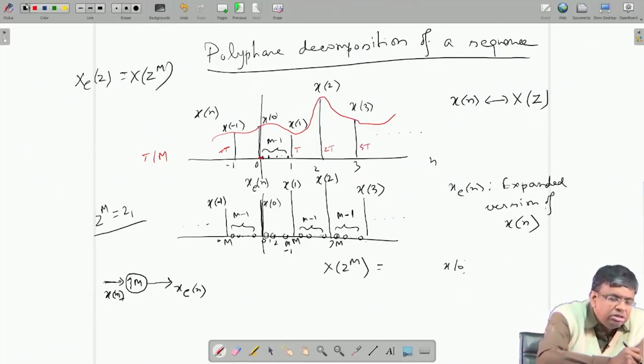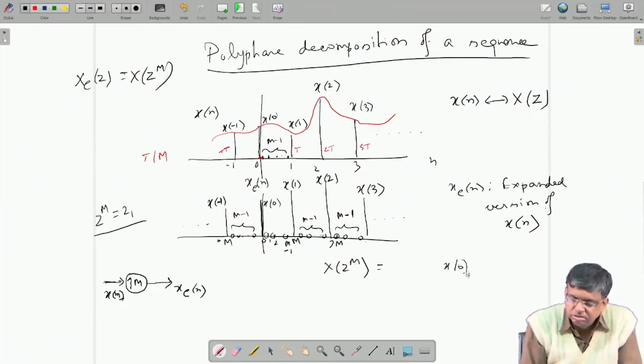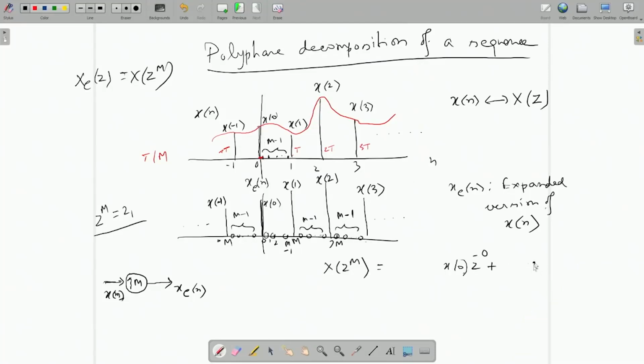So, this I do not change. Then x1 z to the power minus 1 becomes z to the power m, so, x1 instead of z it is z to the power m. Then again x2 z to the power minus 2m and so on.